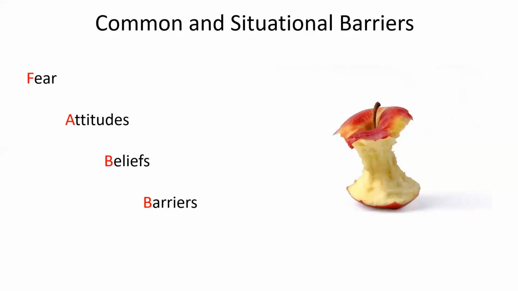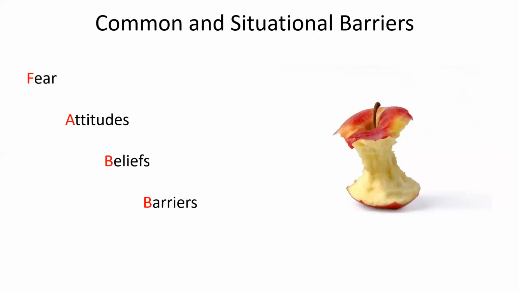To make that work well, though, we have to be able to put a rope around it. We have to be able to not let that consideration get out of hand. So we look at 4 specific things to begin to understand what their common and situational barriers are. And then we begin to ask the why or the what, and then we start to solve for that.